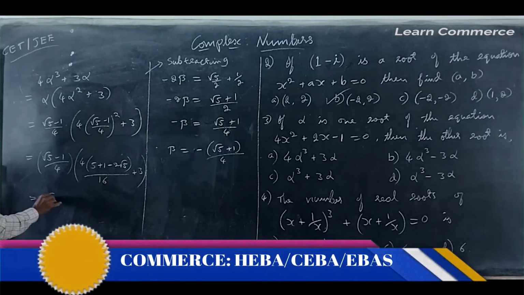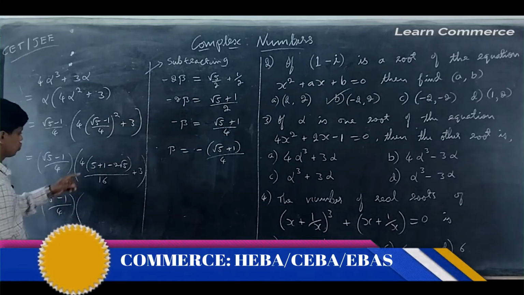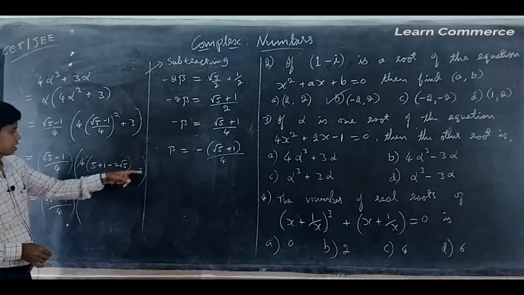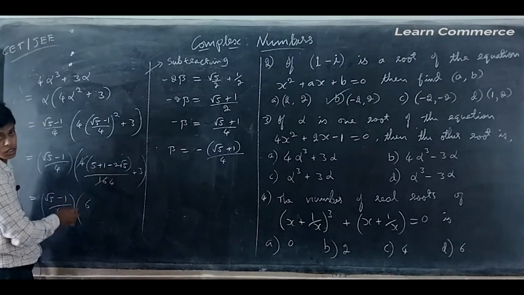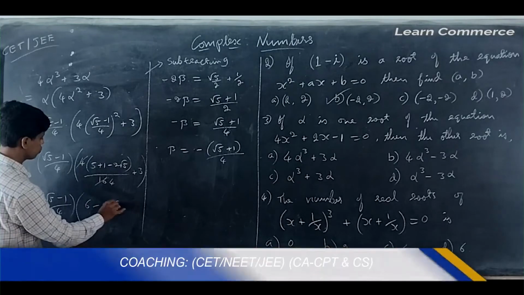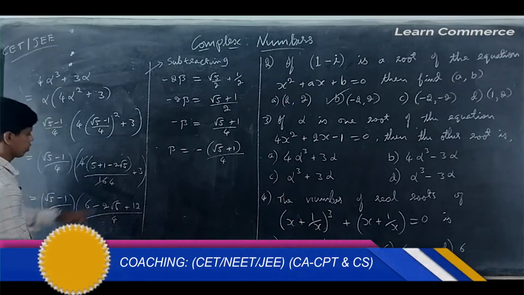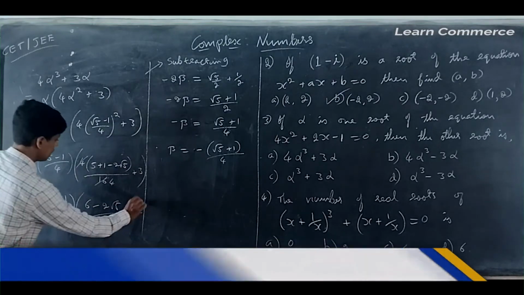So this is root 5 minus 1 into that is 4. If you take LCM, that will be 12, correct? So 6 5 plus 1 minus 2 root 5 and plus 12 divided by 4. I have taken LCM 4. That means 4 must be multiplied there.